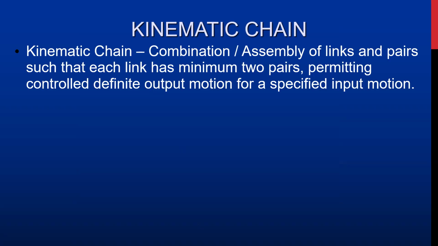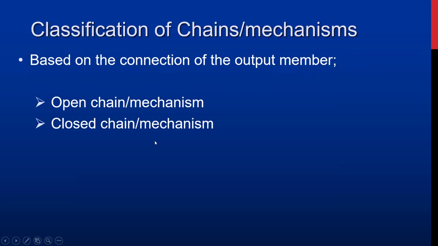So the pairs, we saw the ternary, the quaternary, you remember, right? So each link has a minimum of 2 pairs, permitting controlled, definite output motion for a specified input motion. Okay, so we're going to learn more of this.